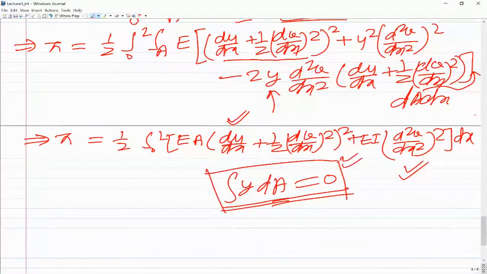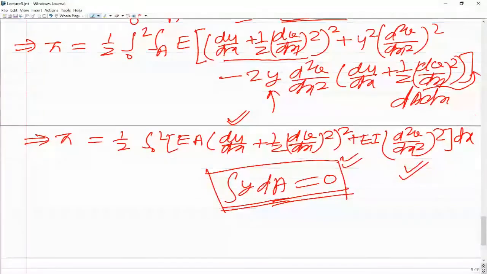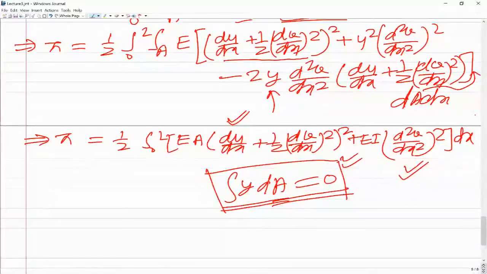Now we are choosing y such that integral y dA is equal to 0.